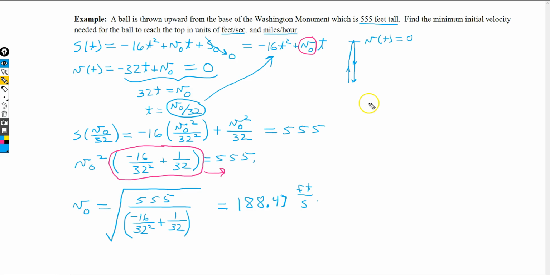Now when you do that, remember that 5,280 feet equals 1 mile, or 1 foot equals 1 over 5,280 miles. And there are 3,600 seconds in 1 hour.